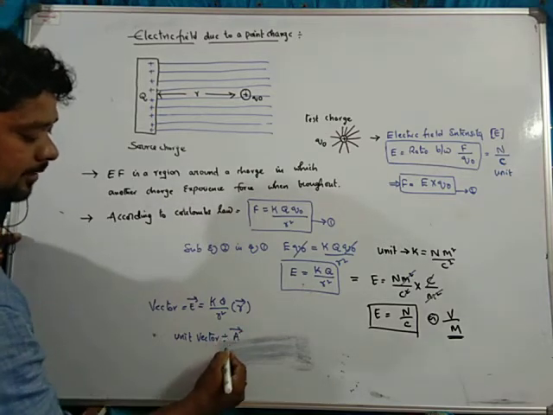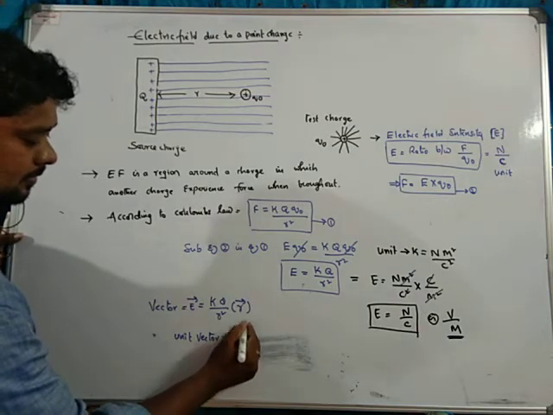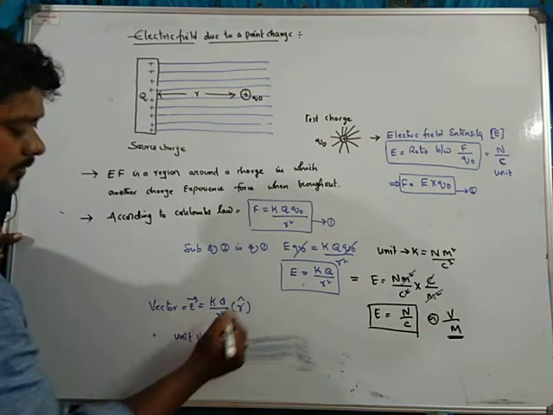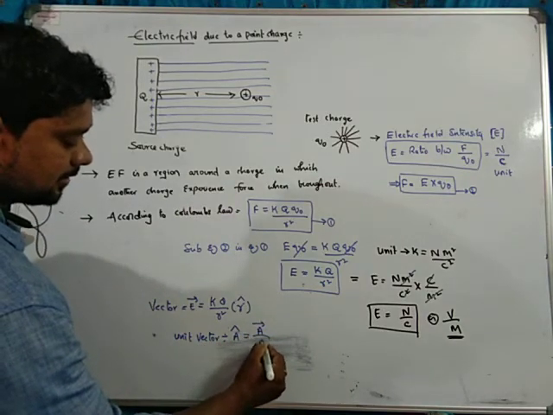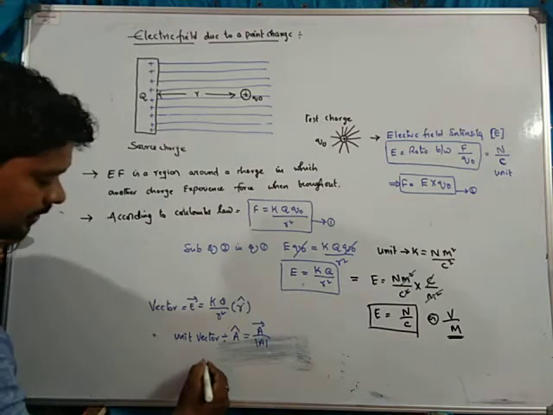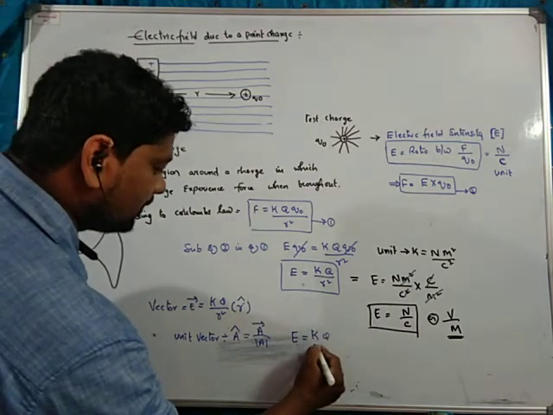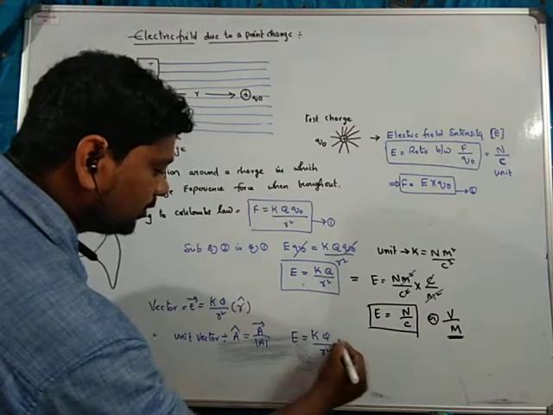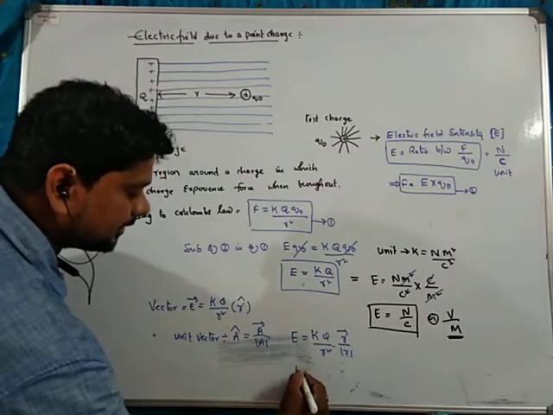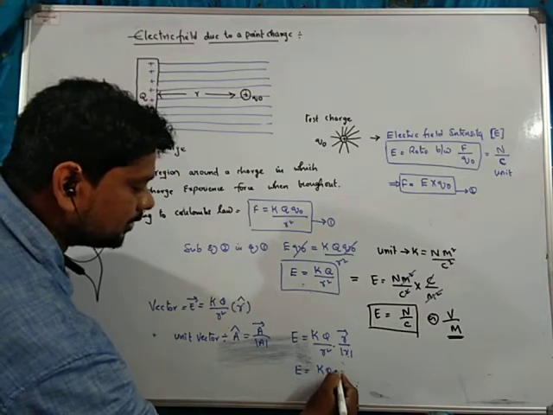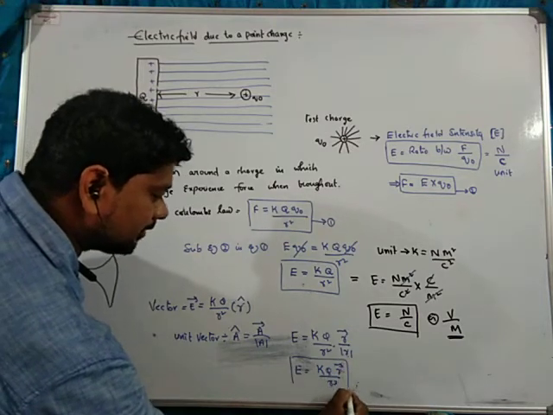Suppose you have A cap, along the direction, A cap is equal to A direction by A modulus. In the same way, for electric field we get E is equal to KQ by r square into r direction by modulus of r. So we get E is equal to KQ r direction by r cube. It is in vector form.